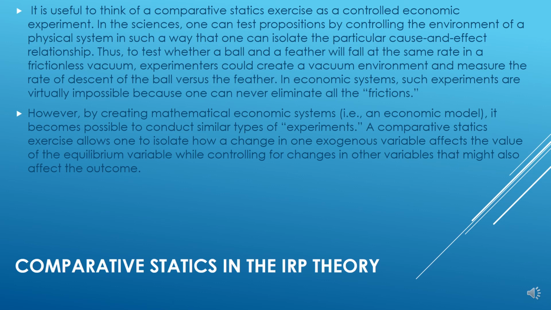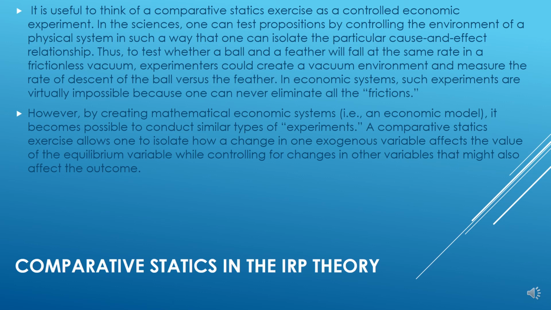Thus, to test whether a ball and a feather will fall at the same rate in a frictionless vacuum, experimenters could create a vacuum environment and measure the rate of descent of the ball versus the feather. In economic systems, such experiments are virtually impossible because one can never eliminate all the frictions. However, by creating mathematical economic systems like an economic model, it becomes possible to conduct similar types of experiments.